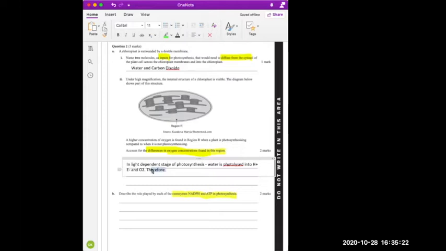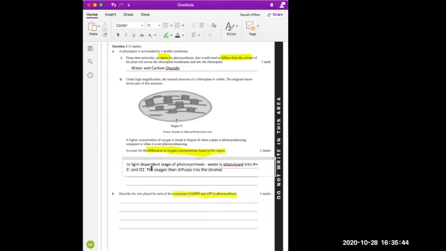The oxygen then diffuses into the stroma. Because remember, the light dependent stage actually occurs in the grana, but the oxygen leaves as a product, so it diffuses into the stroma, and then it will eventually diffuse out of the chloroplast into the cell.